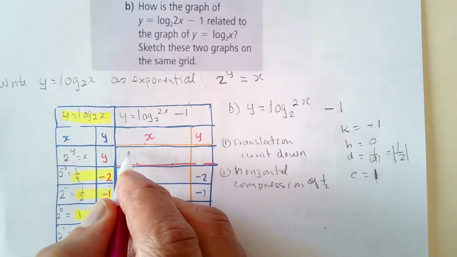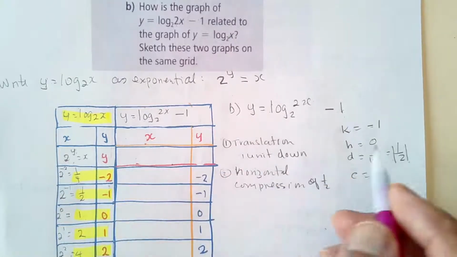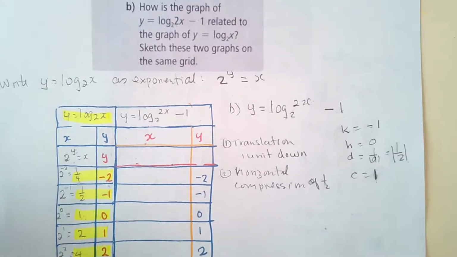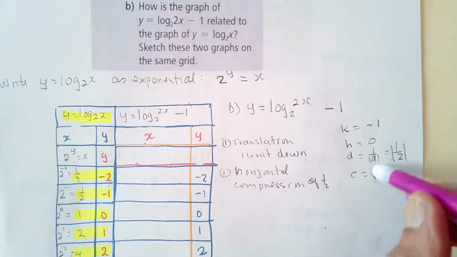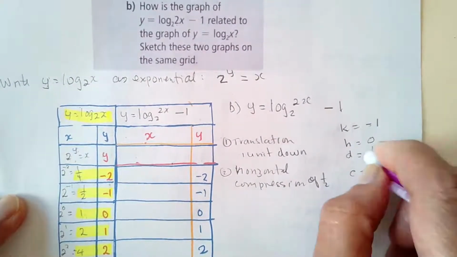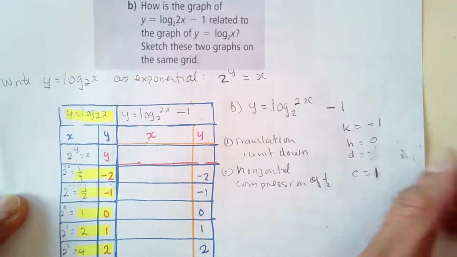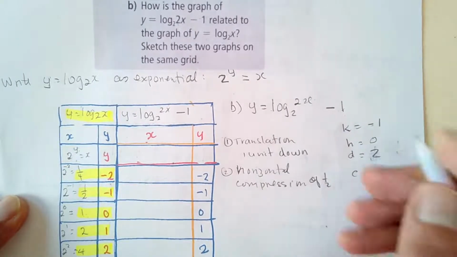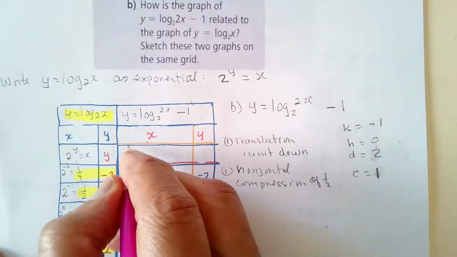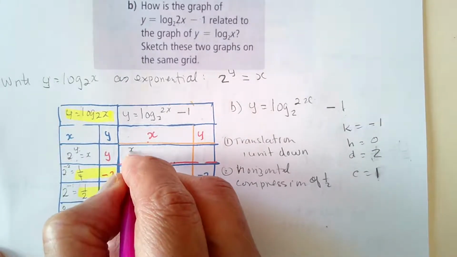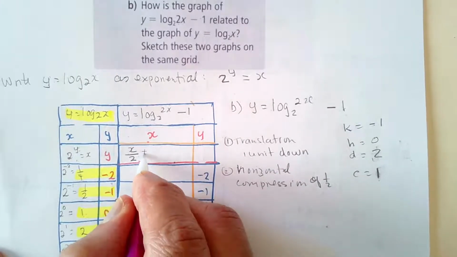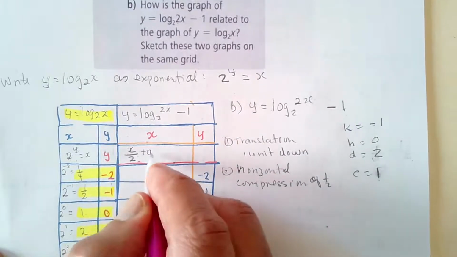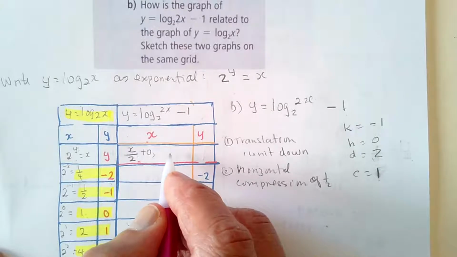We'll have x over a half, or x over 2 in this case. So maybe I'll rewrite this as 2 here. So d is 2. So we have here x over 2. Now there's no horizontal translation. And we have cy plus k.